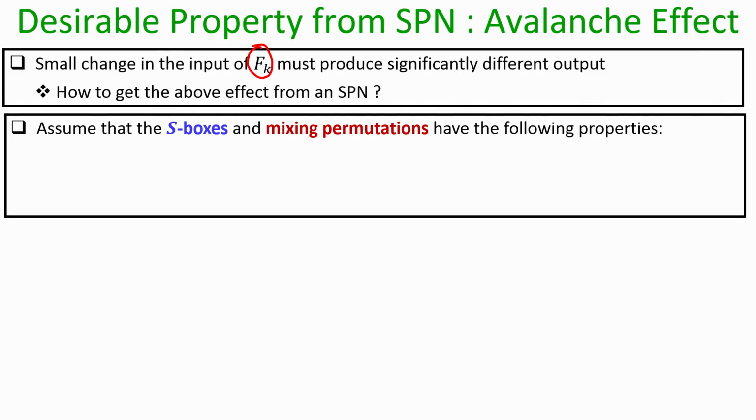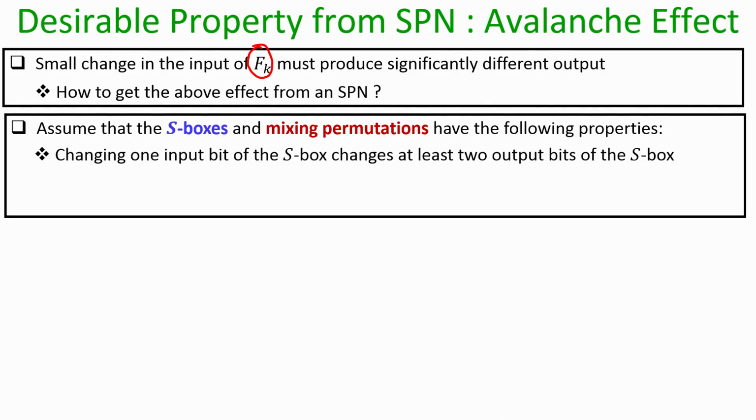So, for the moment assume that we are using publicly known S boxes and a mixing permutation having the following properties. The S boxes that we are using, which are publicly known and known to the adversary, have the property that even if there is a change of one bit of input in the S box, it ensures that there are at least two output bits of the S box which differ.